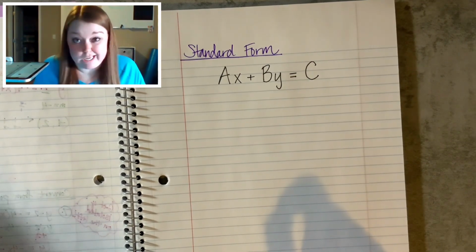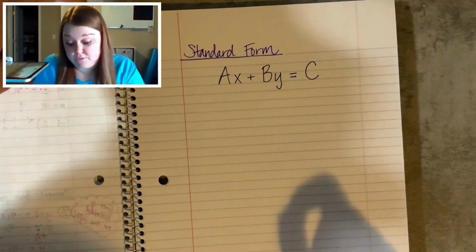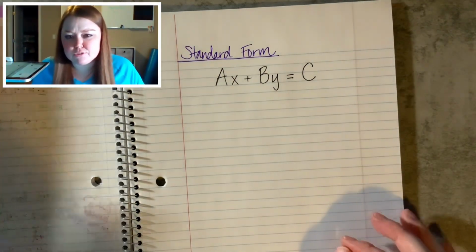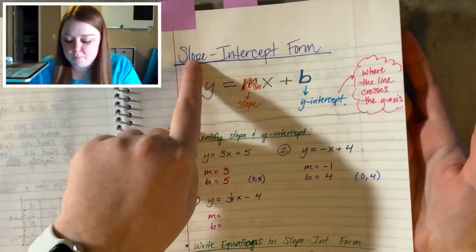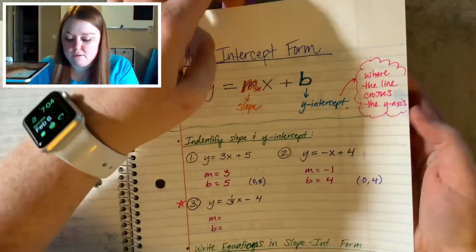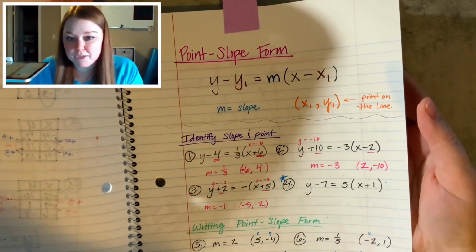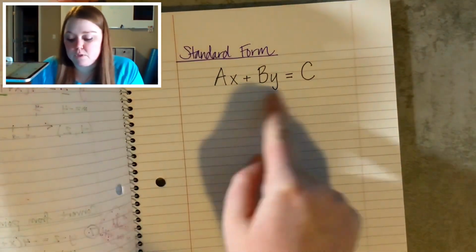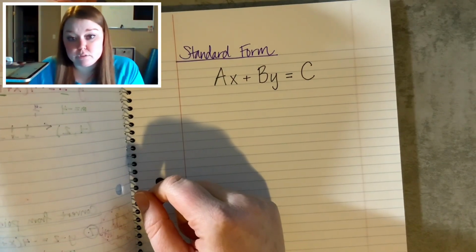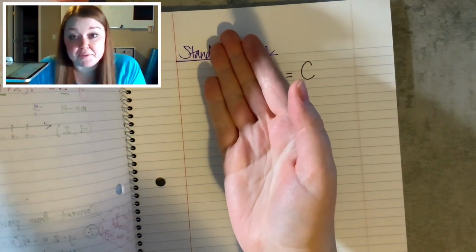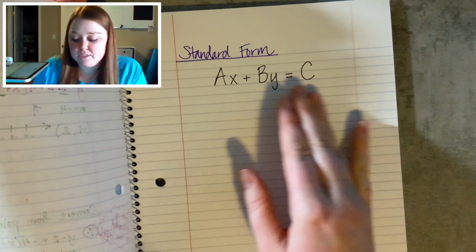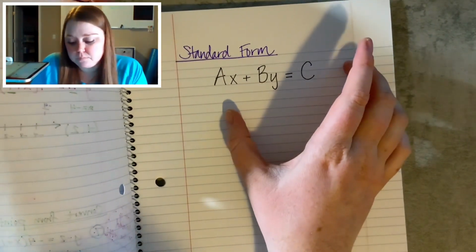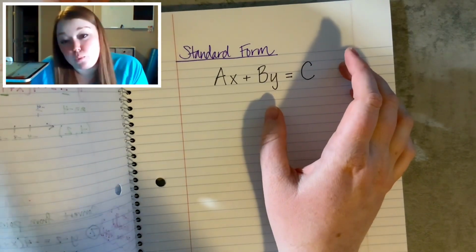Okay, what the heck? First thing I notice, and maybe you notice, is there's no m. There's no slope. Slope intercept form had slope in it. Point slope form had slope in it. Standard form doesn't have an m, or else it would have slope in the title of it. So this format of an equation doesn't give us the slope.